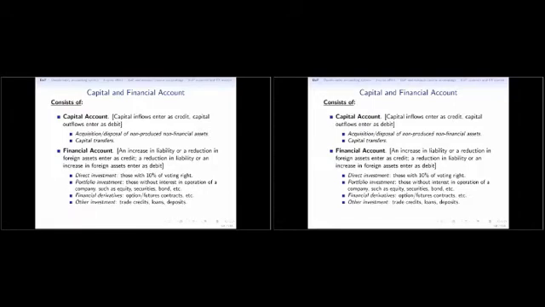Financial derivatives and other investments are there as well. Financial derivatives, in topic 5, we'll get back to this concept. But basically they are options and futures contracts, and also some other financial derivatives.